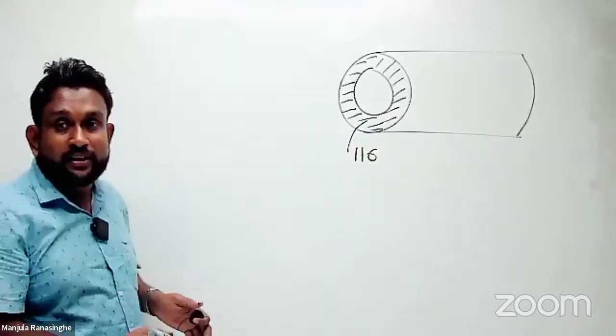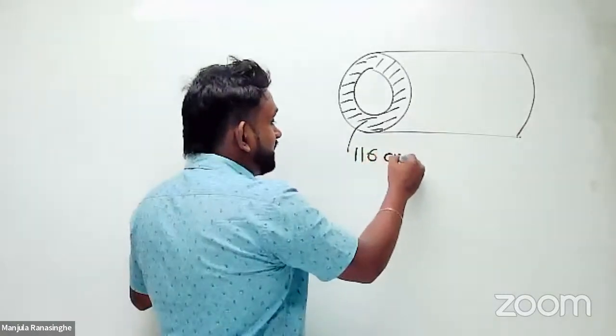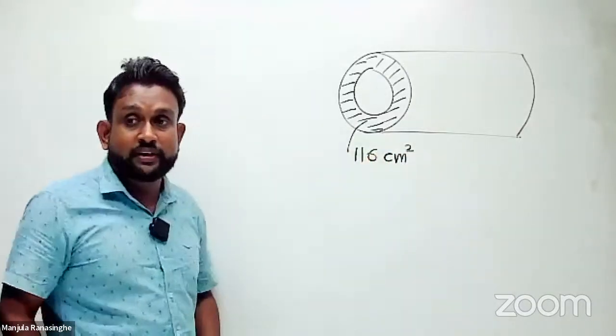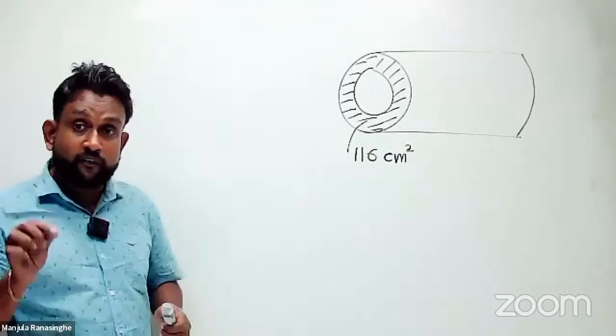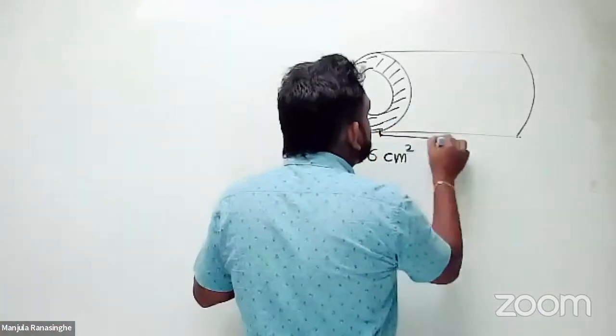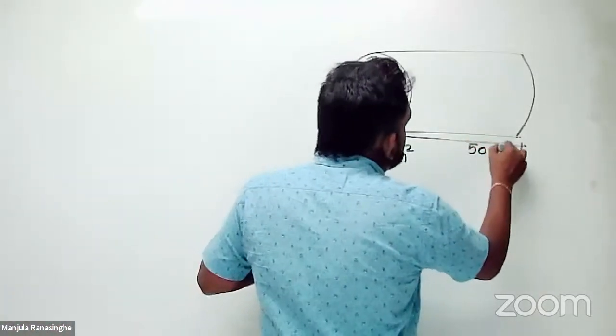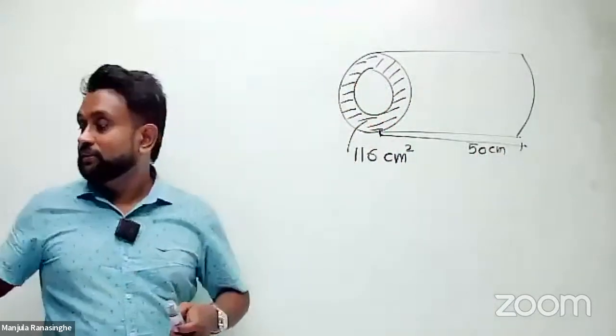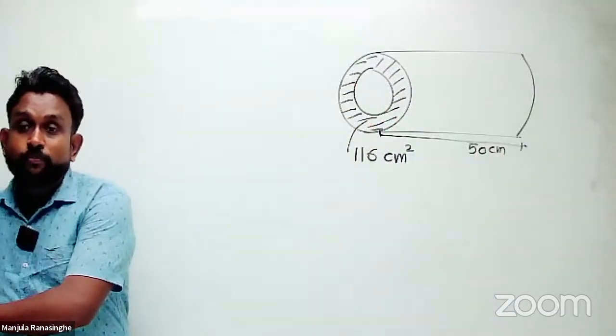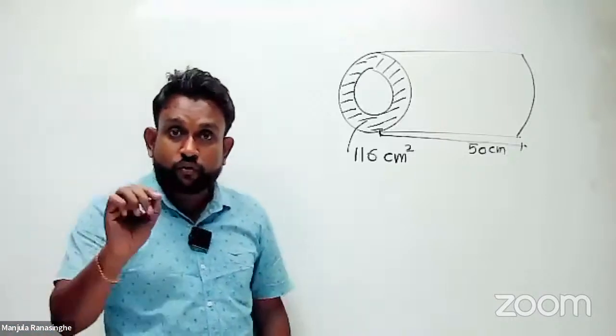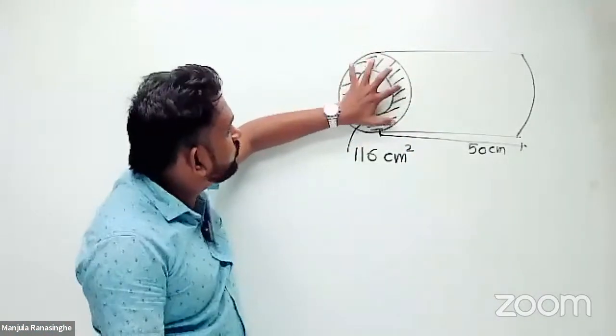That should be square centimeter; it is given as cubic centimeter. Find the volume of it. Here the length is 50 centimeter. So now how can you do it? This is a solid with uniform cross section. So what is the uniform cross section? This is the uniform cross section.